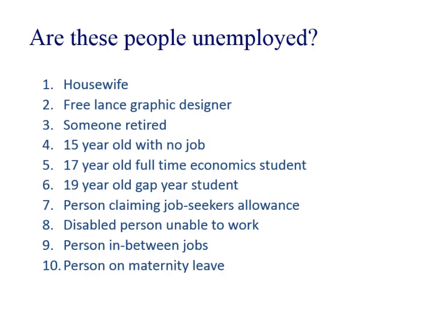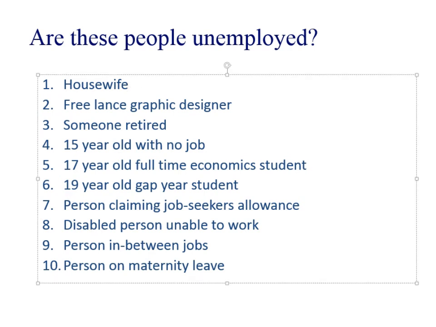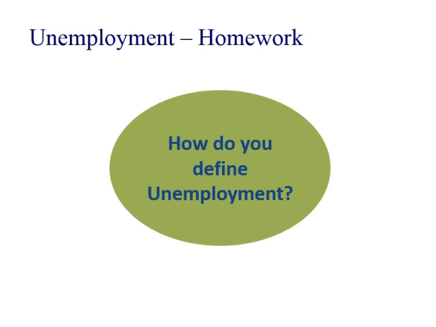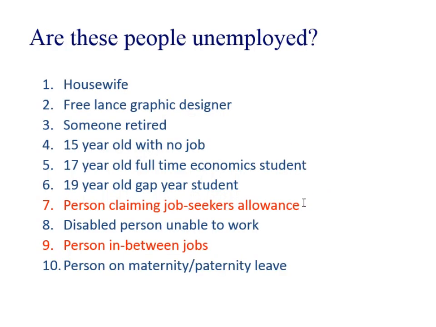Okay, so first of all, when you start the course, your definition of unemployment might be quite different to what the actual economic definition is. When I show people this slide, it could be housewife or house husband, I don't want to be gender specific, they often say most of these people are unemployed, when actually it's only these two people that would constitute unemployed, and that one as well.